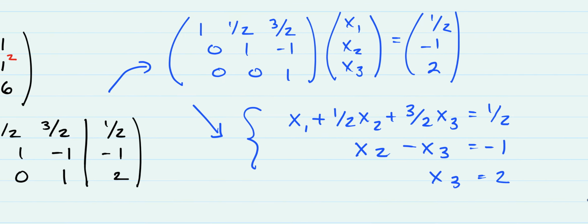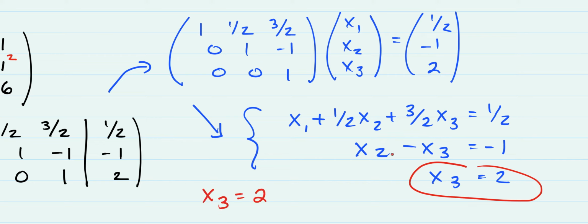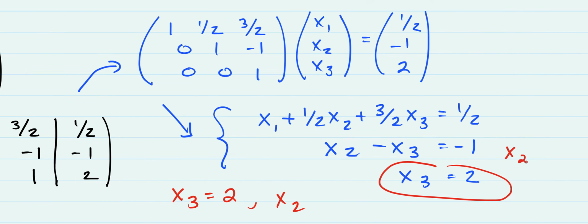Now we have that system we were talking about, this equivalent system where we have ones here and everything looks nice and it's an easier system to work with. First thing we can notice is that we already know what x3 is. x3 is 2. Now we can find x2 just by plugging this in here. We get that x2 minus 2 is -1, so x2 is equal to 1.